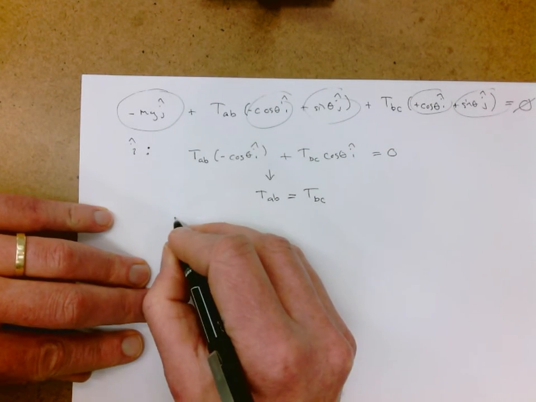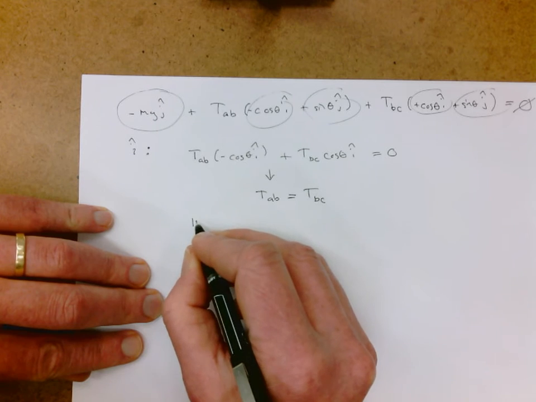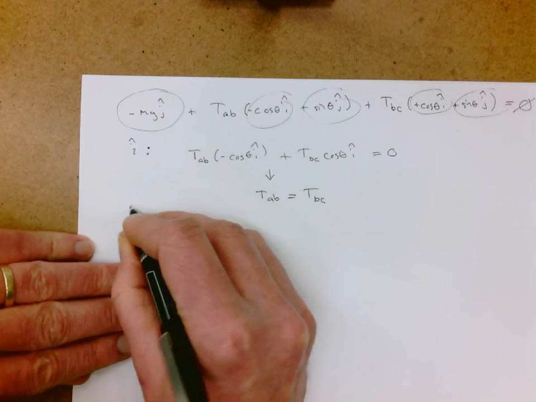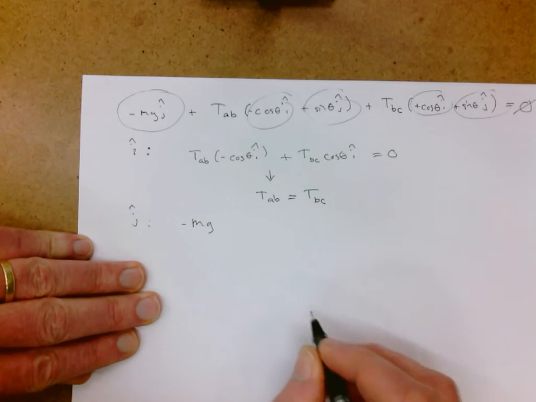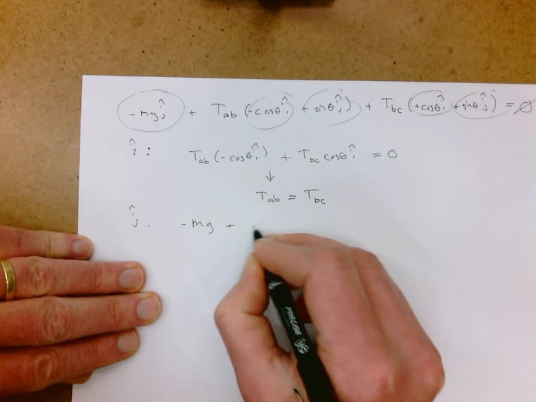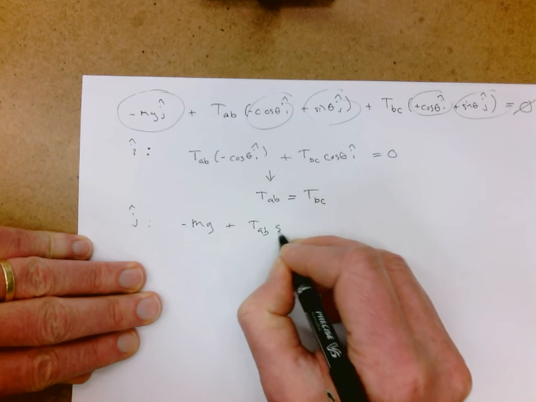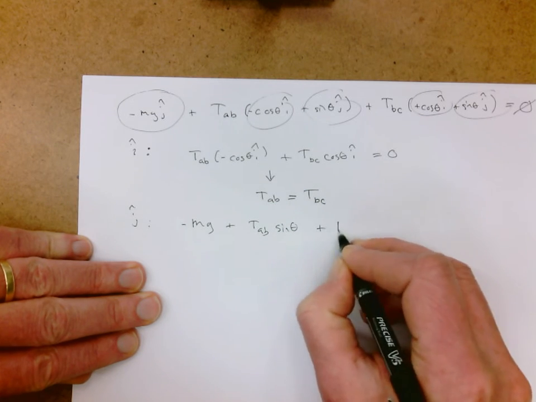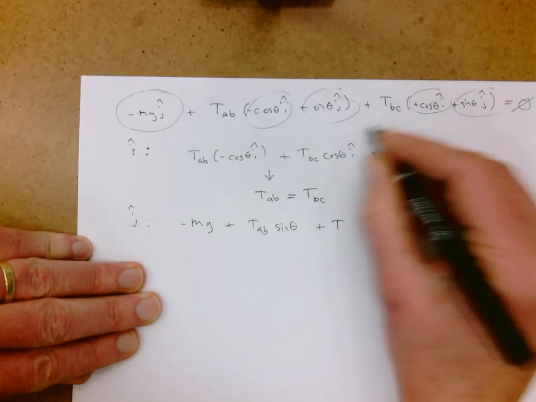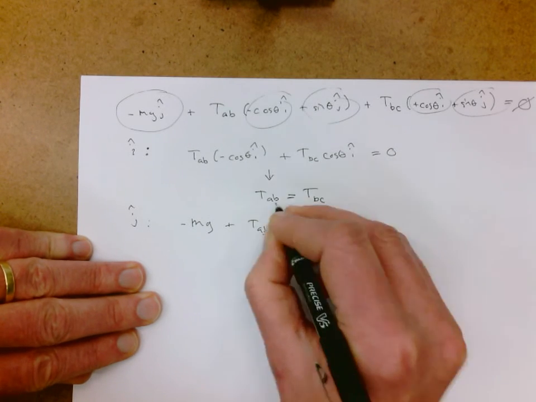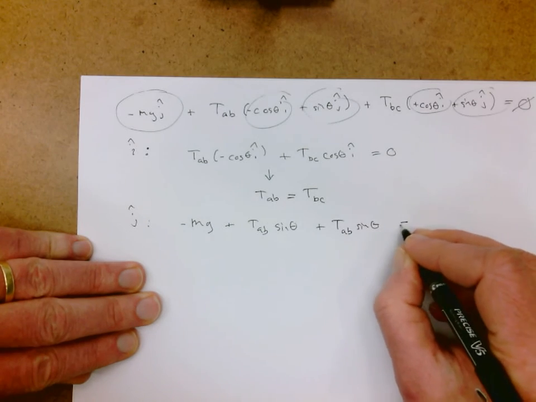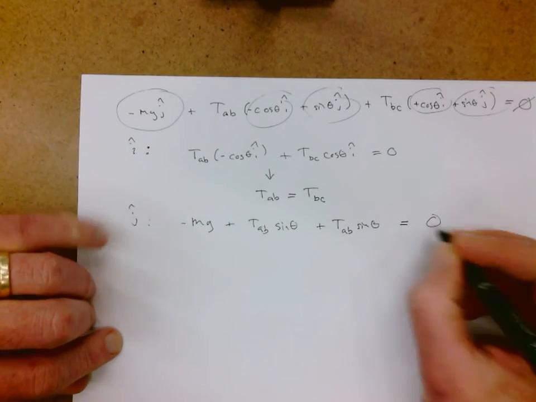Okay? The second thing that we can do is say, okay, well now let's write the j hat equation. And our j hat equation says that minus mg j hat plus TAB times sine theta plus TBC times sine theta, but TBC times sine theta is actually TAB times sine theta as well, right? Because we just established these two were the same, are equal to 0, right?